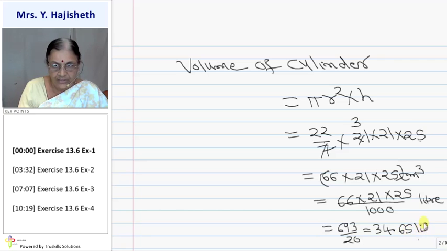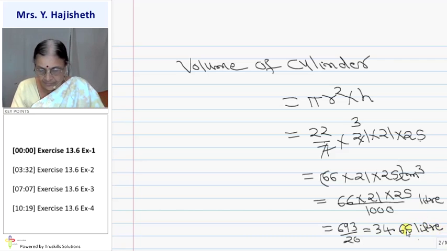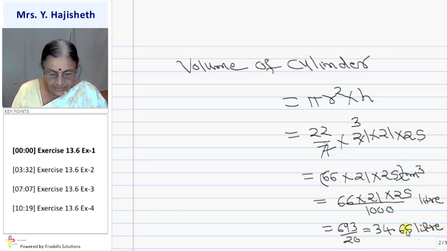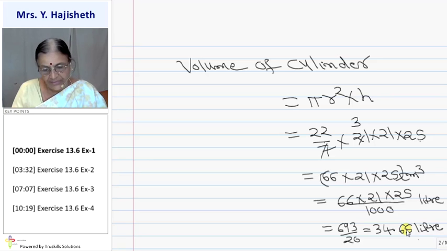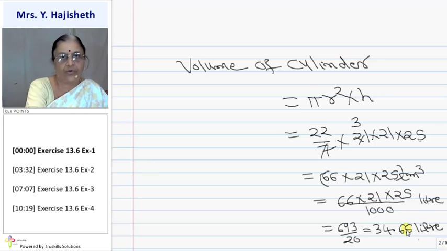This much water is the capacity of that cylindrical vessel. How many liter of water can it hold? It holds 34.65 liter of water.